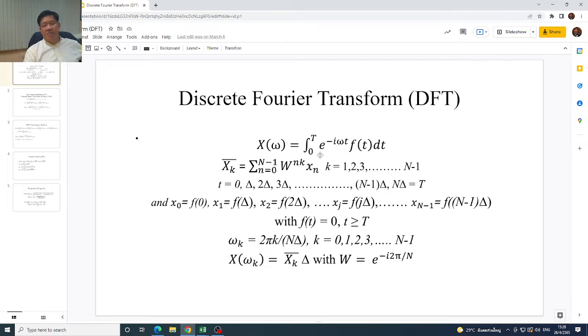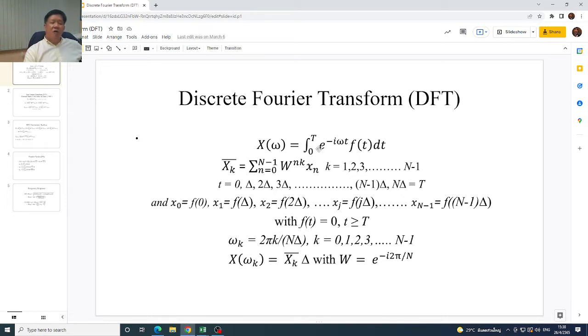The remaining parameter in the function is only this omega value. That's why this capital X becomes a function that relies on omega, and this is what we call the Fourier transform.